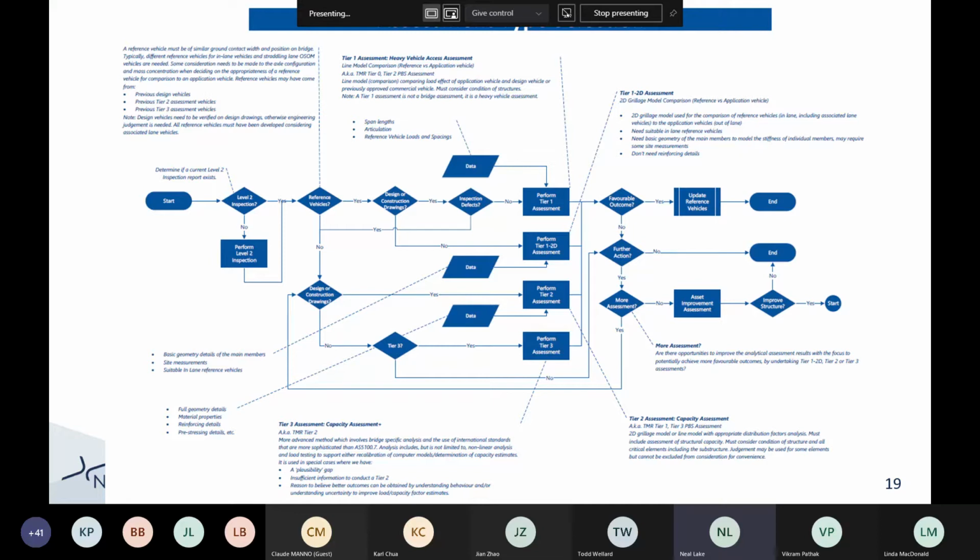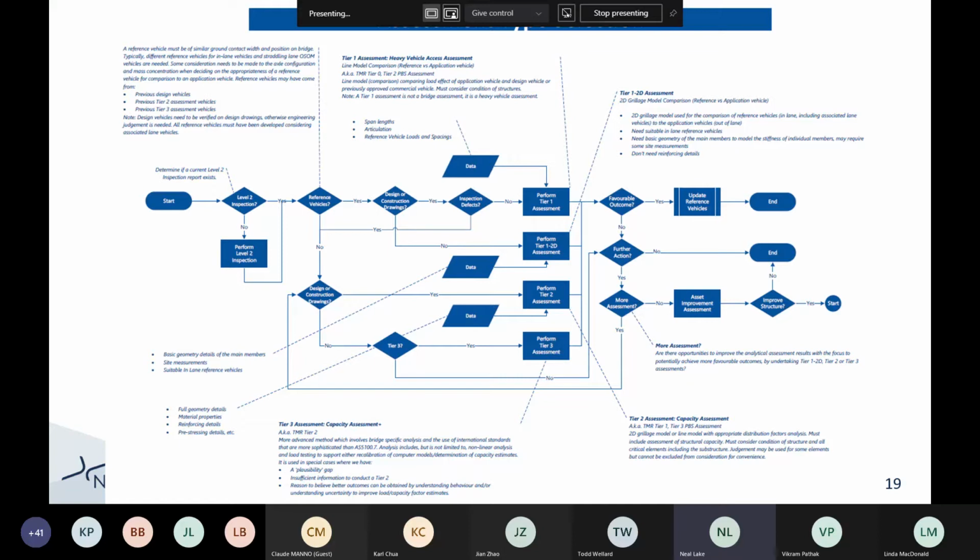So, you'll get these slides. I encourage you to print this out, put it in a nice big A3 size so that you can refer to it. It takes you through the process of when it is appropriate to do the different tiers of assessment. A couple of key things I want to go through are some of the very early boxes in this flow diagram. The first one is that the very first diamond is level 2 inspection.